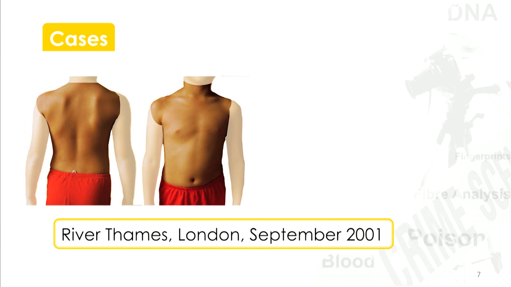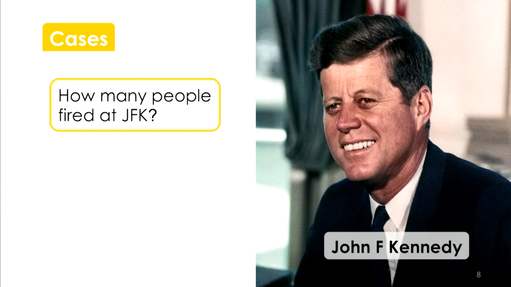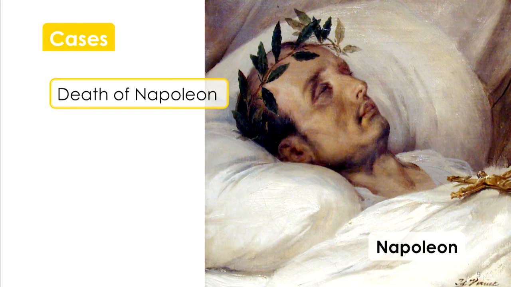Another case is the investigation into the assassination of US President John F. Kennedy, and particularly in trying to answer the question of how many people fired at the president. And the third case is the investigation into the death of the Emperor Napoleon.